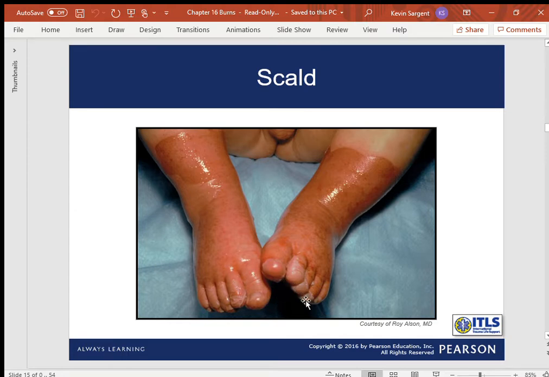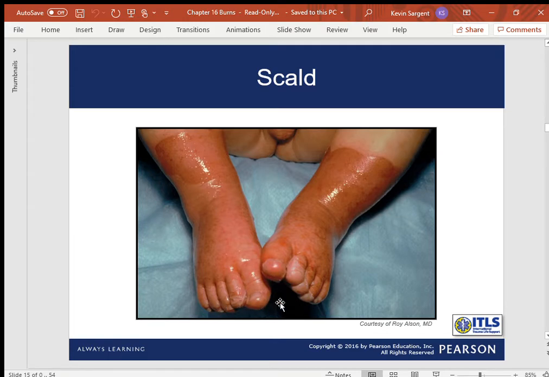So when you see something like that, you really need to suspect possible child abuse, because when the child's legs are held against the bottom of a bathtub, where the feet are touching the bottom, it doesn't get much heat. But the heat from the boiling water or the super hot water is causing all this damage. So that's one of the things you'll see, which is an inconsistent injury pattern. We'll see burns here with that line of demarcation, and then we'll see little to no burns here.